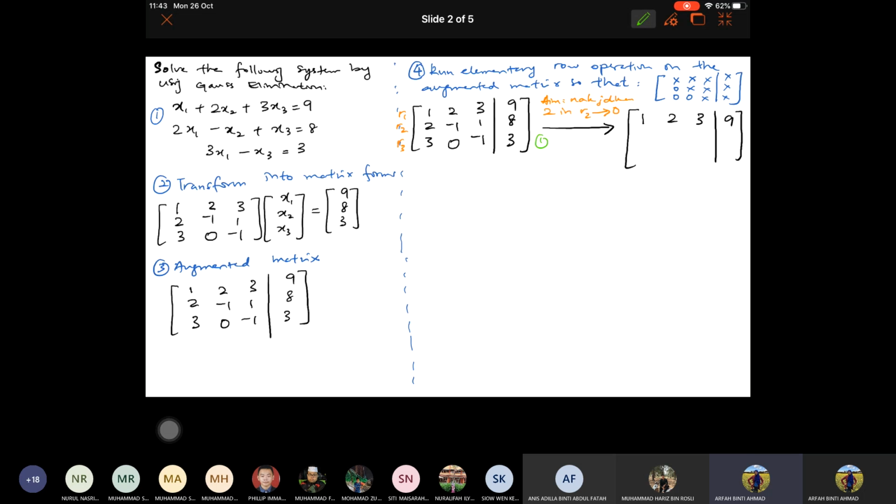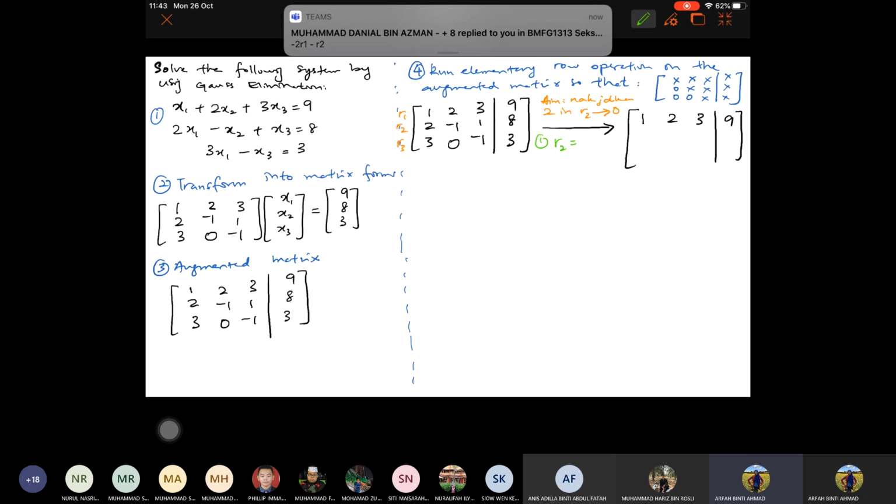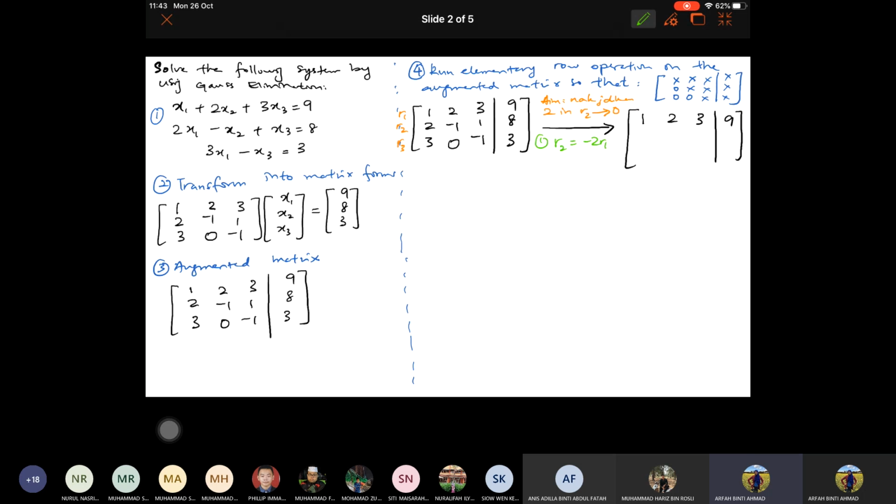So apa possible solution untuk R2 awak yang baru? Kita boleh buat operation terhadap mana? Paling senang kalau awak ambil row 1. Okay. So betul, negatif 2R1 tolak R2. So boleh. Atau boleh juga awak ambil row 1 tolak 1/2 R2 pun boleh juga. Okay.